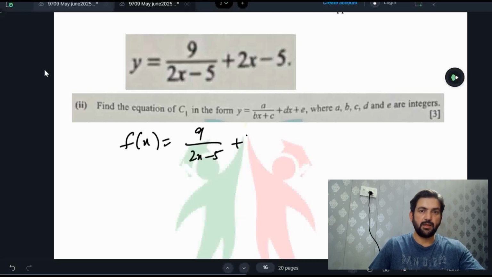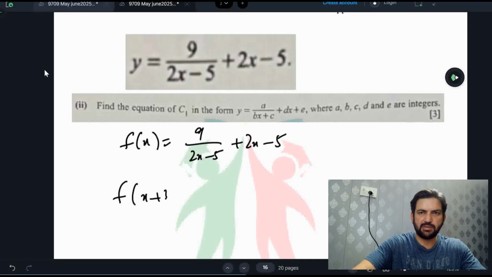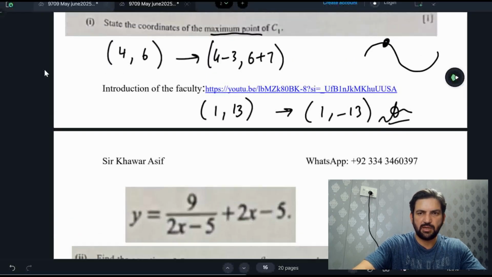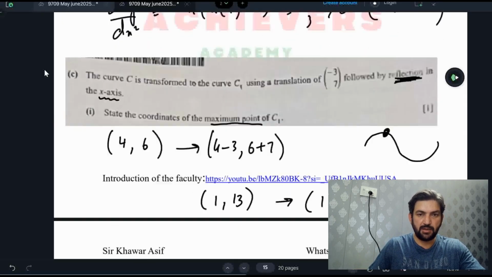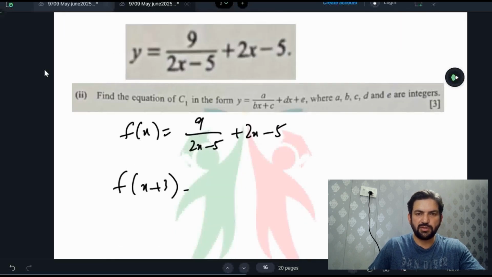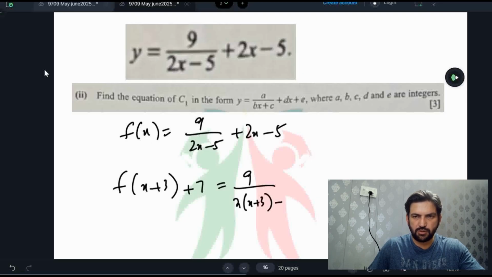Now first of all it was the translation. So translation of f of x plus 3, x plus 3 and y plus 7. So for this what we can do is we can just replace x with x plus 3: 9 by 2 into x plus 3 minus 5, plus 2 into x plus 3 plus 7 minus 5.